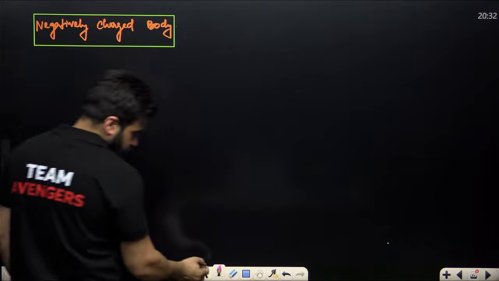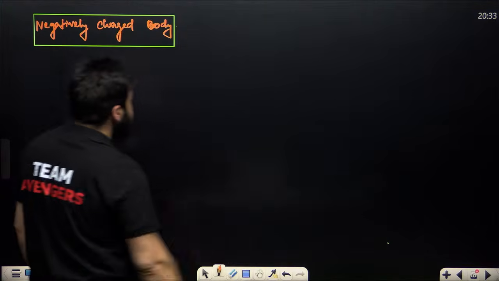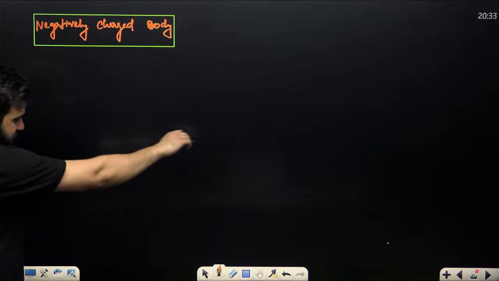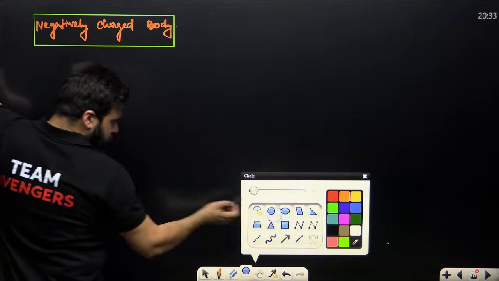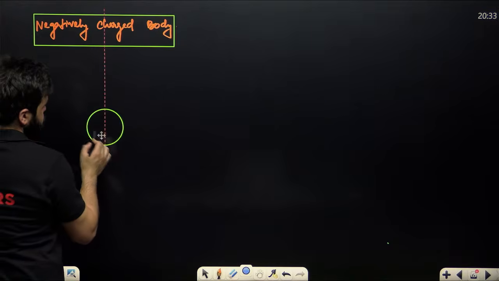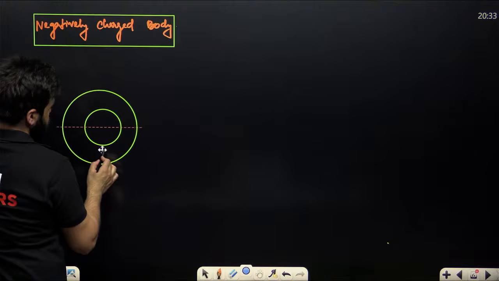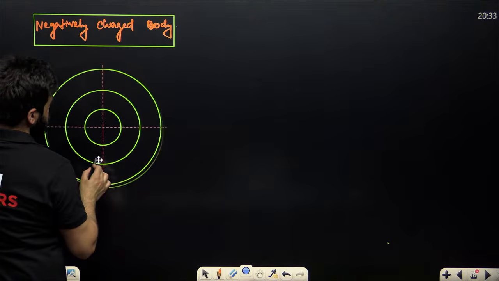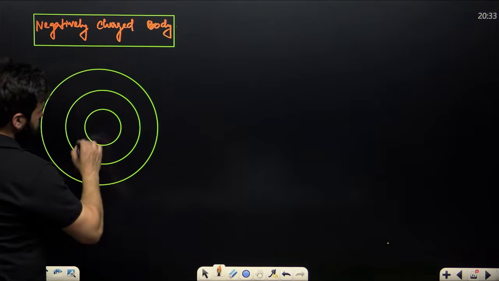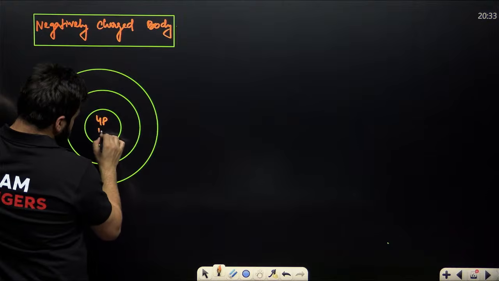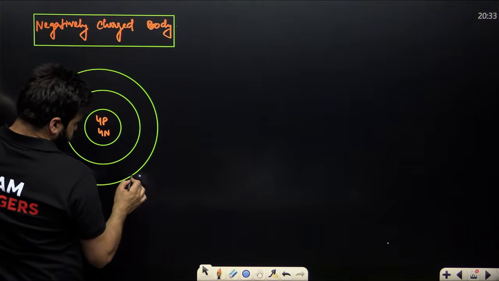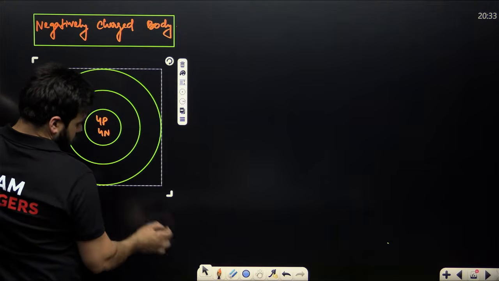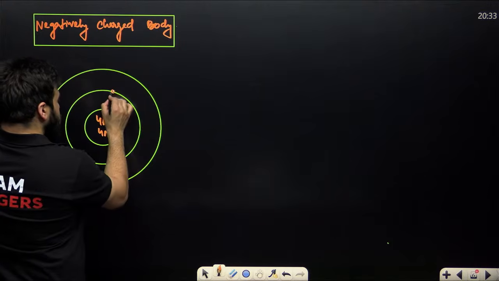See guys, when we talk about the negatively charged body, let's suppose again you are taking a neutral atom. Neutral atom means, let's suppose it has 4 protons, 4 neutrons, and it has got 4 electrons.